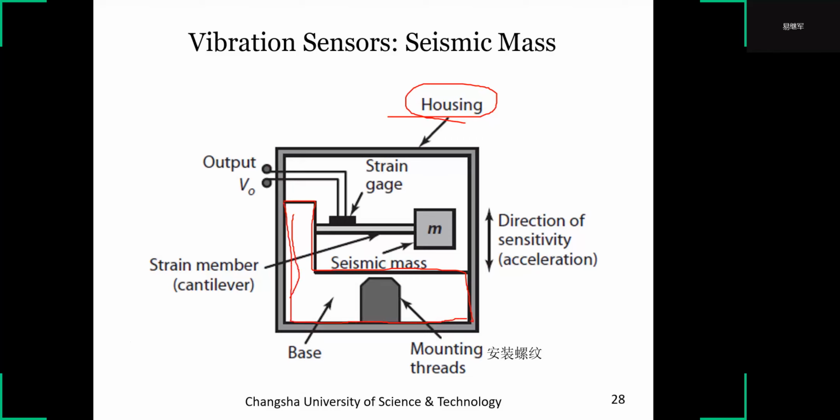There is a cantilever. The strain gauge is mounted on the cantilever. When the box follows the target, the seismic mass vibrates following the target. This is the vibration sensor, seismic mass.